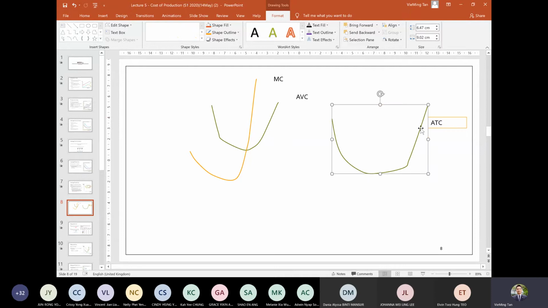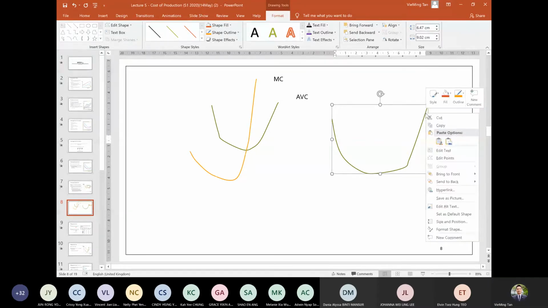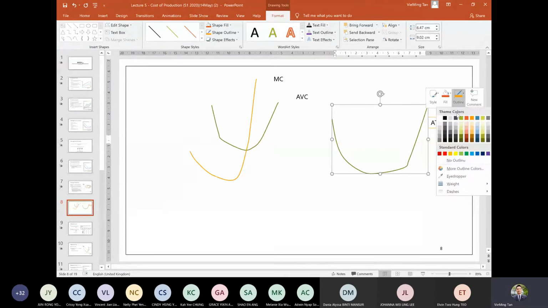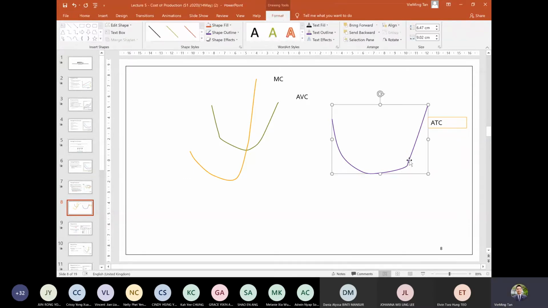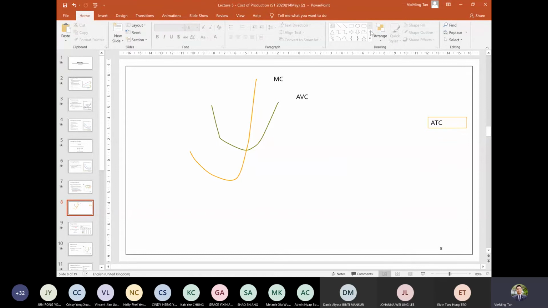So let's say this is the average total cost. I use purple color. Now I want to draw the marginal cost. This one is not so nice. I delete this one first so that I can draw another one.